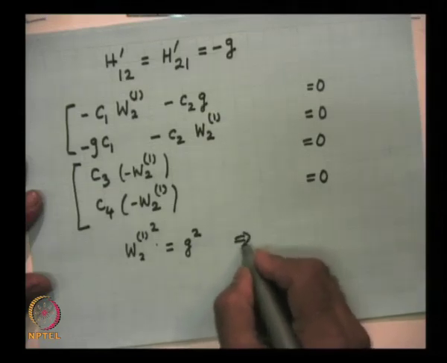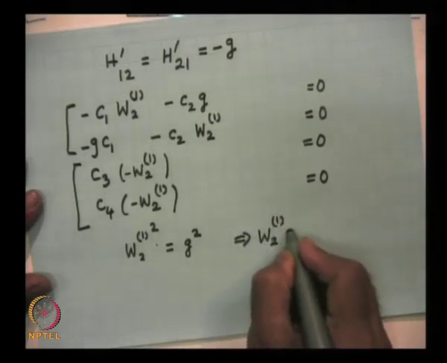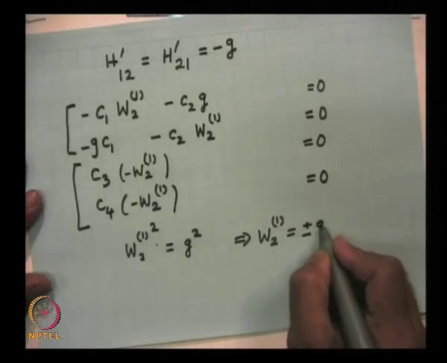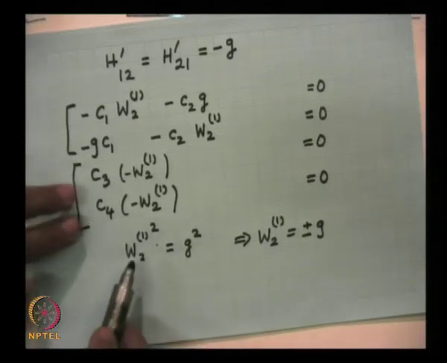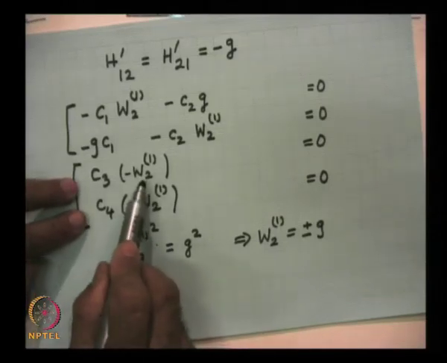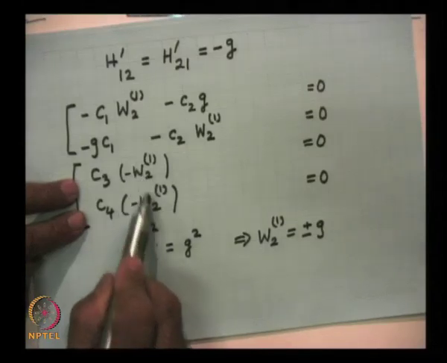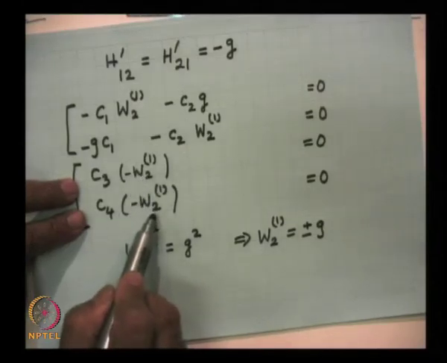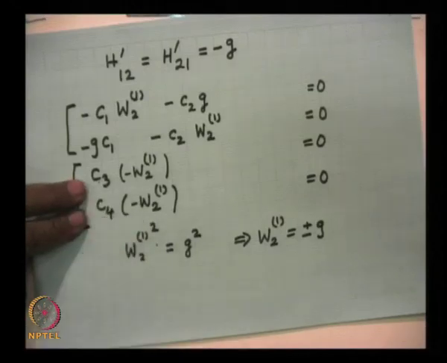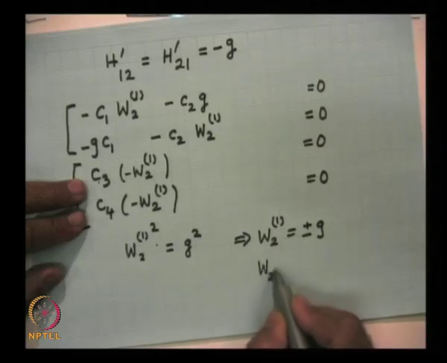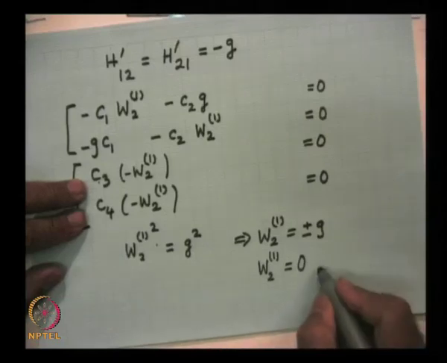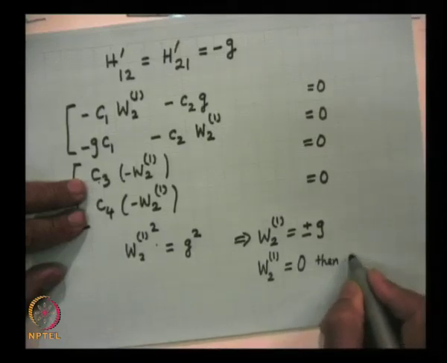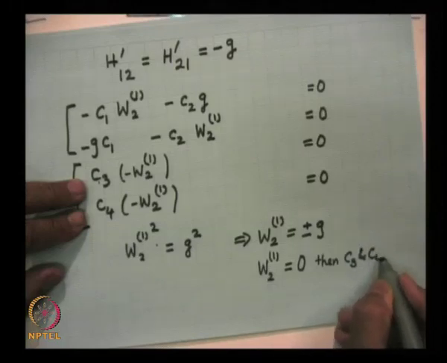So, the perturbation is W21 equal to plus or minus G. The second tells us that if W21 is anything else other than 0, then C3 must be 0, C4 must be 0. But if I choose W21 equal to 0, then C3 and C4 can be arbitrary.